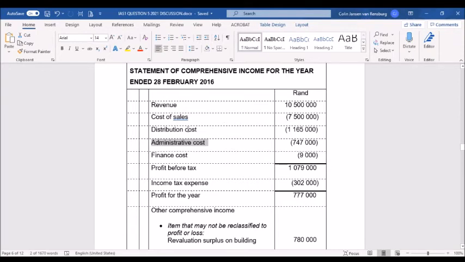They are not appearing here on the face of our statement of comprehensive income by virtue of their nature anymore, but they could be regarded as material. If you as an accountant believe that they are so significant in nature or so significant in value that it could influence the economic decisions made by the users of the financial statements, then clearly we have to disclose their nature as well. And that is what this profit before tax note is about.